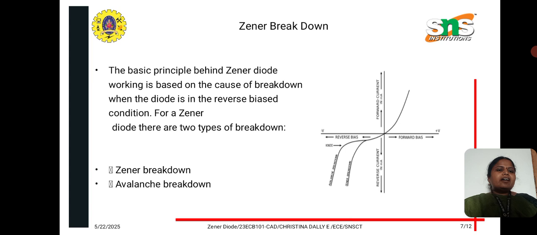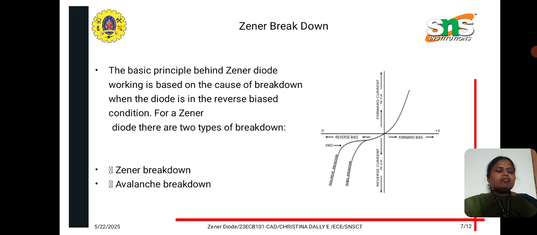This is the characteristics we have seen. We have both biases, forward bias and reverse bias, mentioned in the graph, where I have represented the Zener breakdown and the avalanche breakdown. When the current exceeds a limit, the voltage breaks down, and that is termed the Zener breakdown.